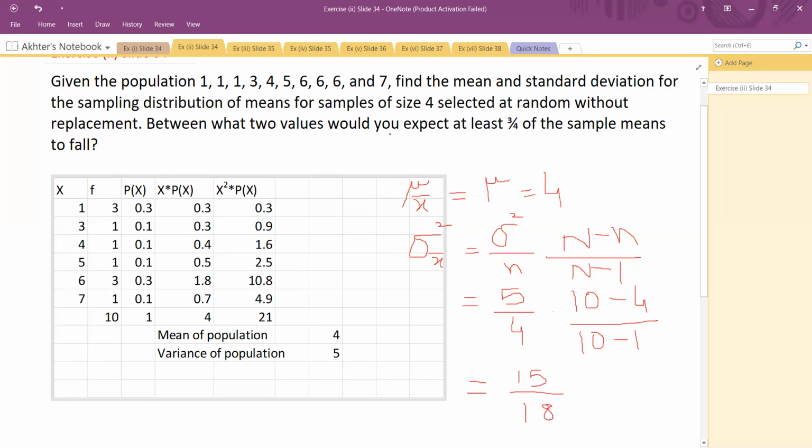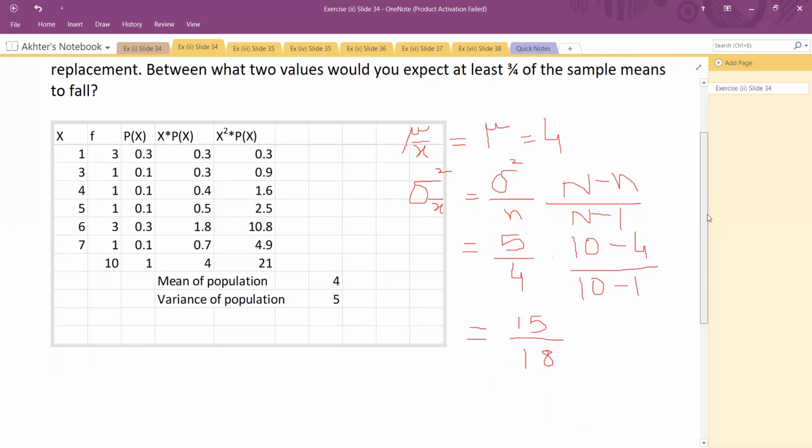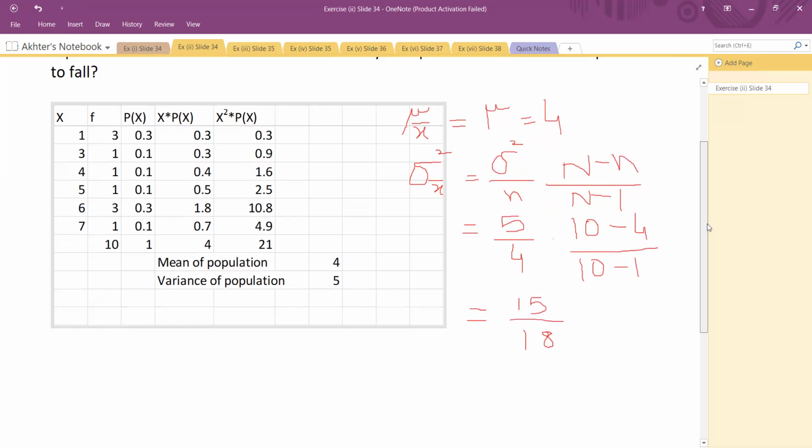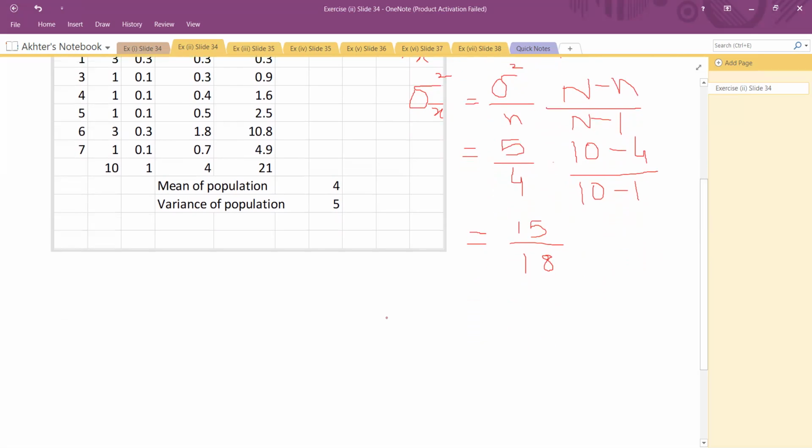Now, according to the Chebyshev rule, we are going to calculate two values. One value is the mean minus 2 times the standard deviation of the sampling distribution of mean, and the second is the mean plus 2 times the standard deviation of the sampling distribution of mean.